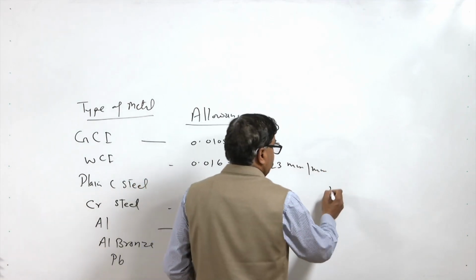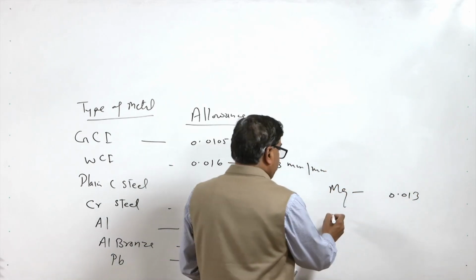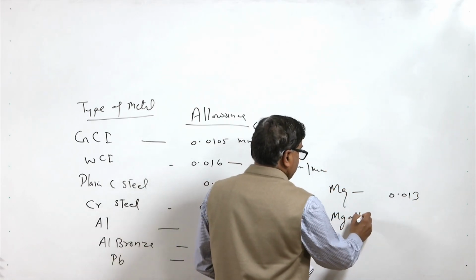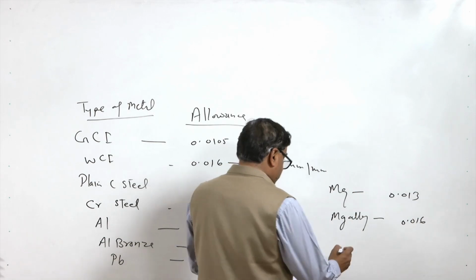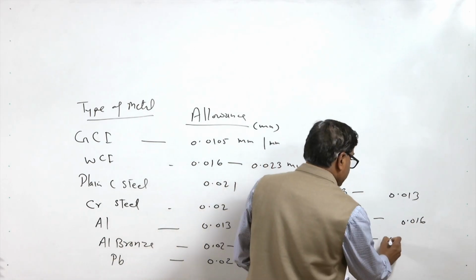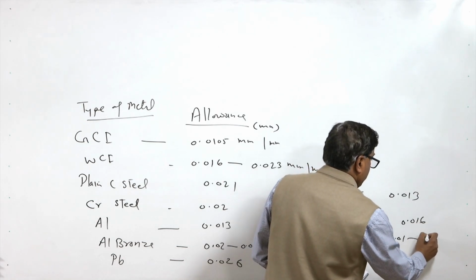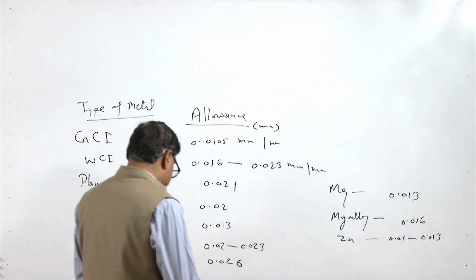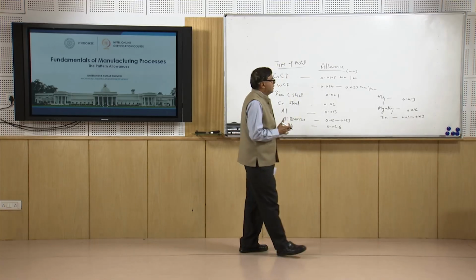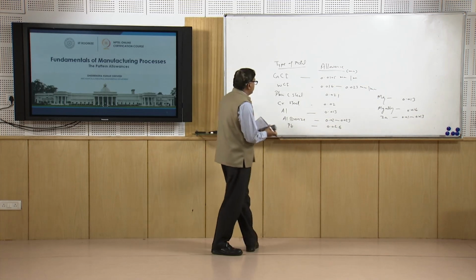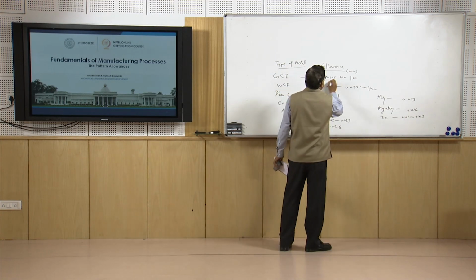Similarly, for magnesium it is 0.013, for magnesium alloys 0.016, and for zinc it is 0.012 to 0.013. So, this is the extent of the shrinkage which occurs in the solid state for linear dimensions, and that is why it is expressed as the extent of reduction per mm.